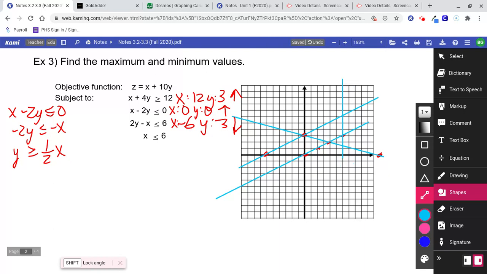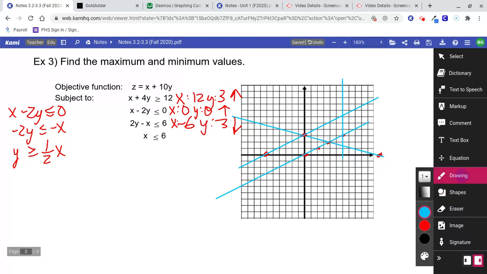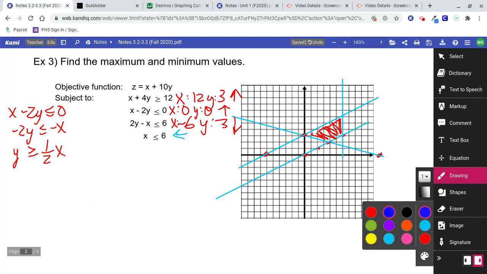That's better. And shading to the left. So that means we're shading inside this region. That's the feasible region. That means if there is a maximum or a minimum, it's inside that region. It's actually going to be one of the corners, but there you go.